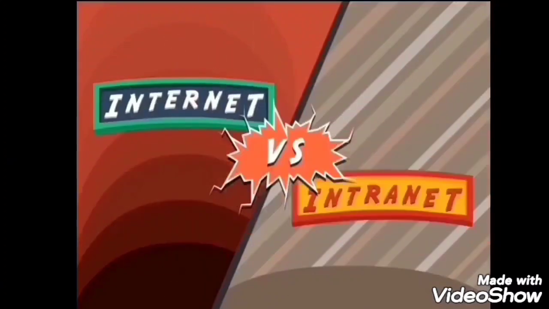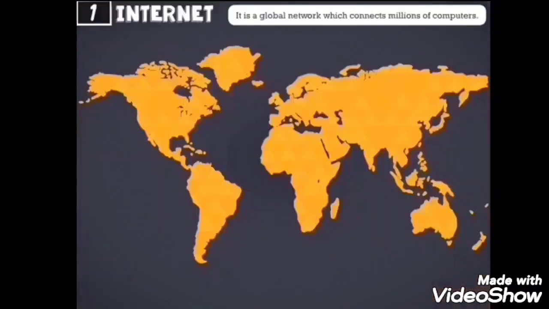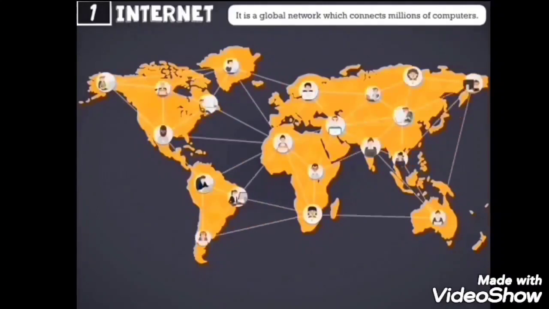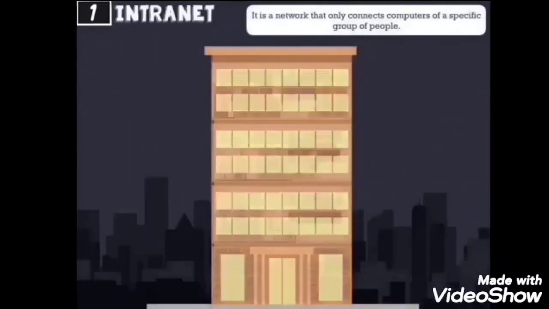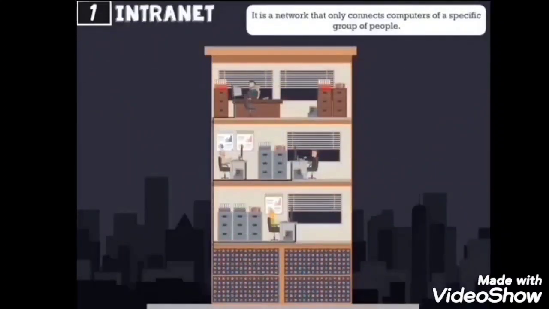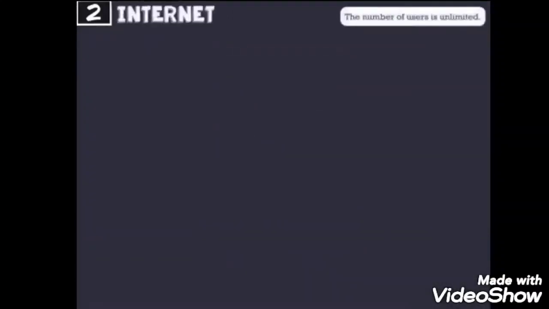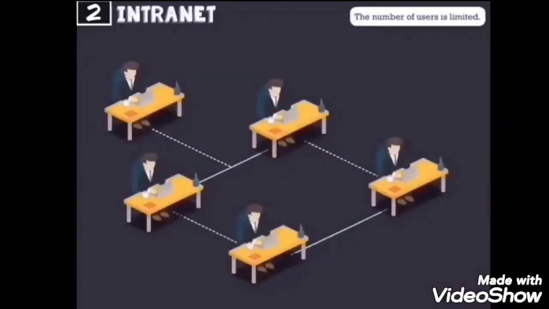Internet versus intranet. Internet: it is a global network which connects millions of computers. Intranet: it is a network that only connects computers of a specific group of people. Internet: the number of users is unlimited. Intranet: the number of users is limited.